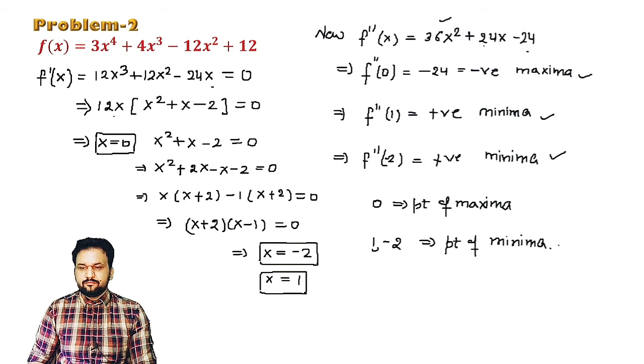Logic clear? As well as you can find out the maximum or minimum value. Like if you want to find the maximum value, you can replace f of 0, it will give you the maximum value. You can try to sort out some parts of these functions on your own. Clear? Let's move to the next question.